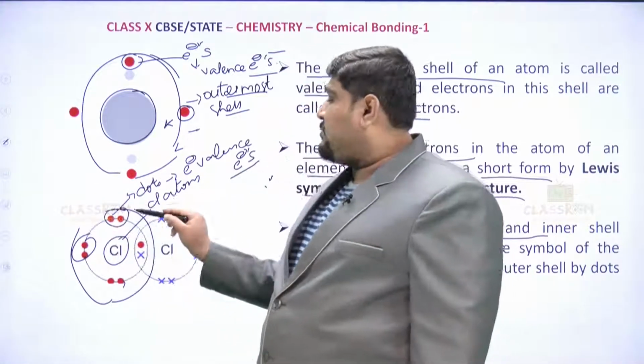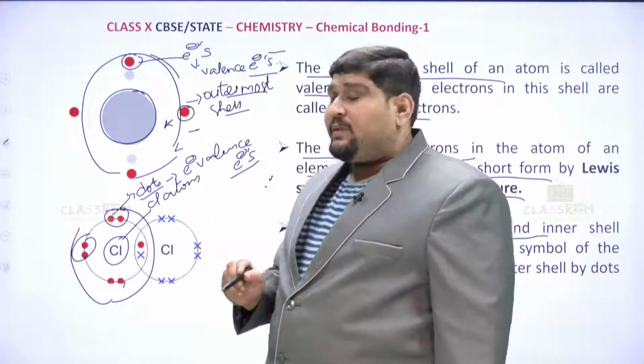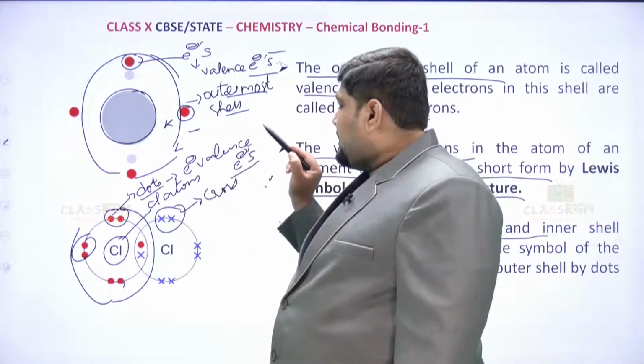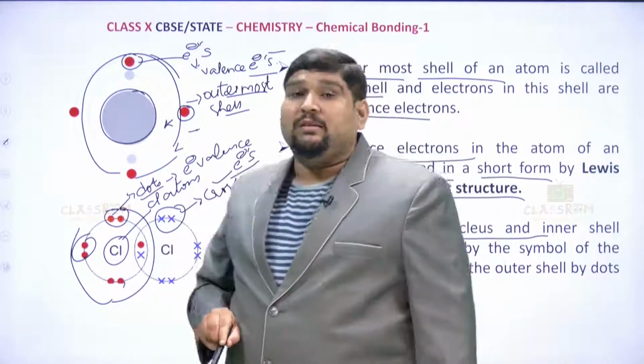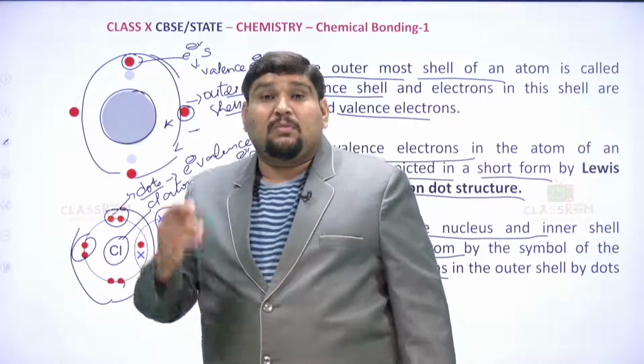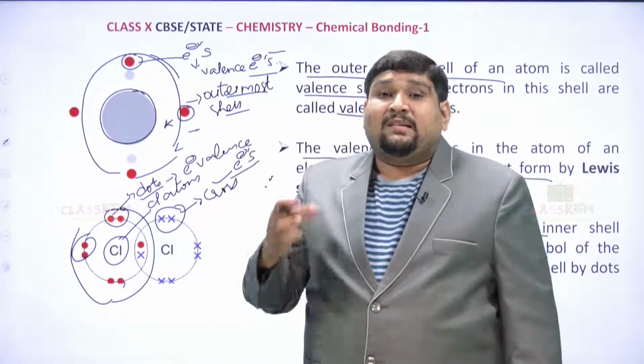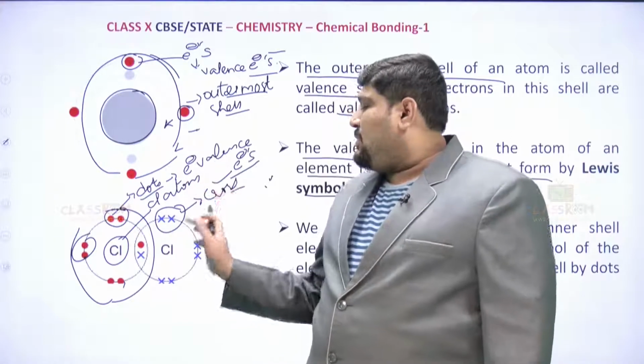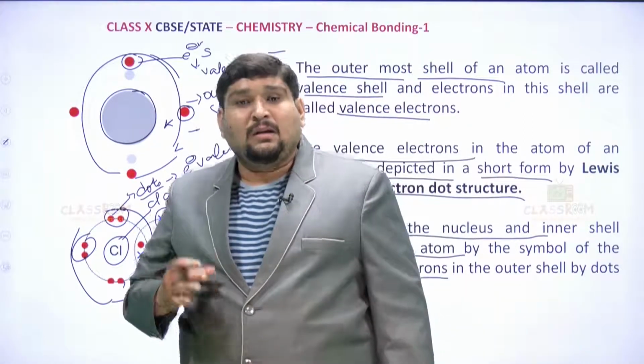You can represent them as dots, or also as crosses. The number of available valence electrons can be represented either as dots or as crosses. That we need to find here.